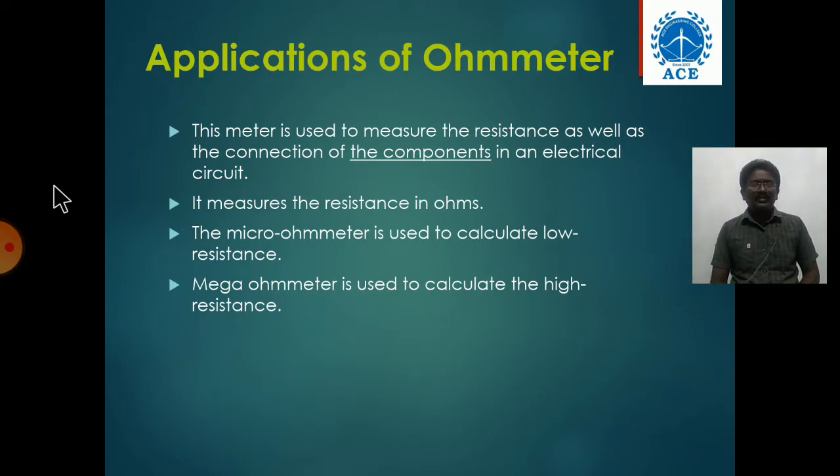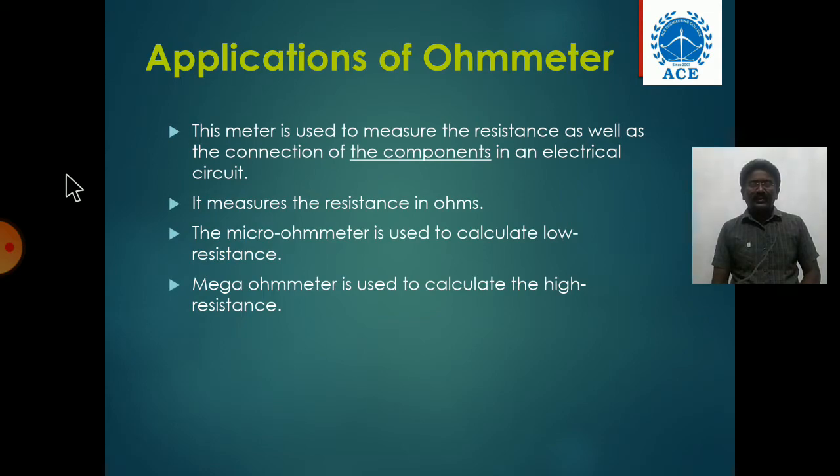So in that case Rx equal to 0, I is maximum. So now pointer is marked on right side of the dial. We are having dial of series ohm meter, left side infinite value and right side 0 value.